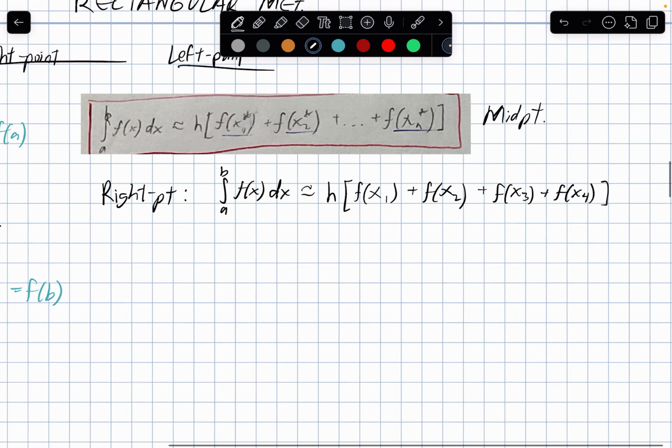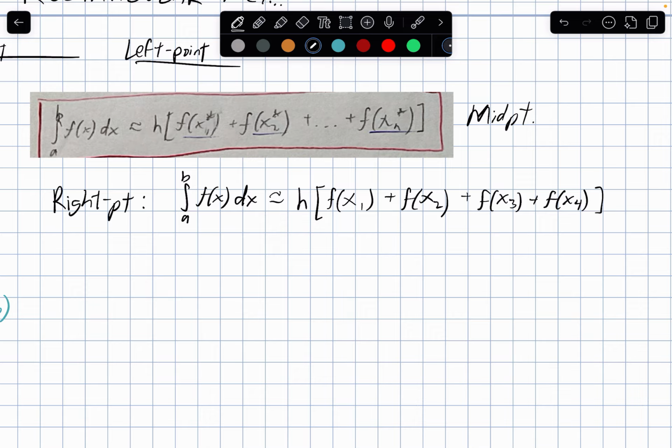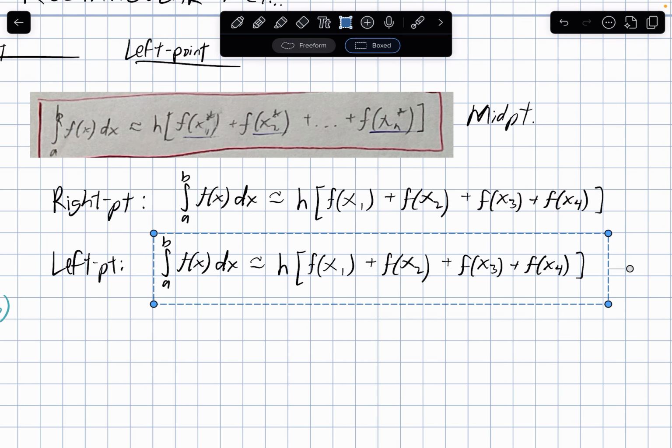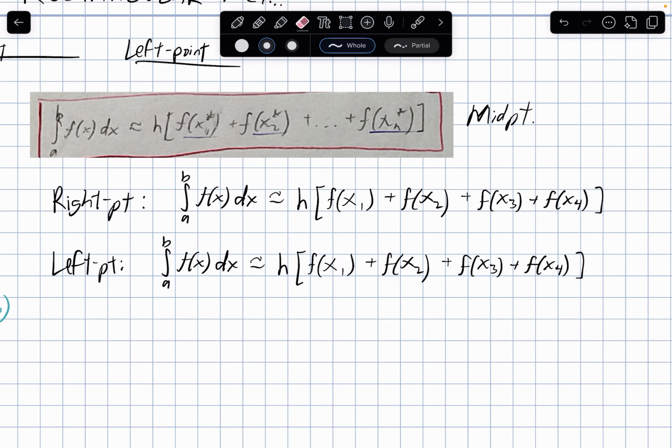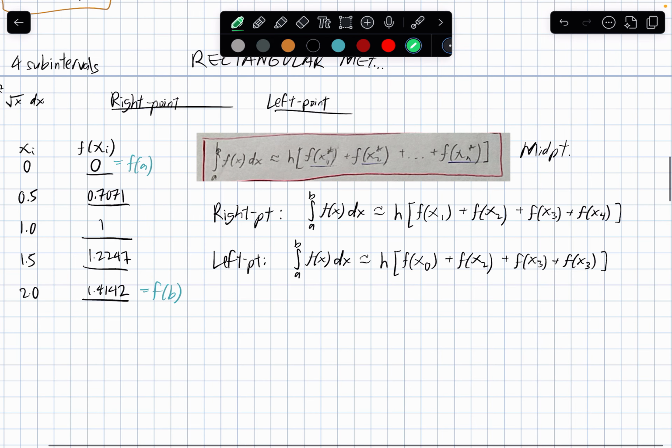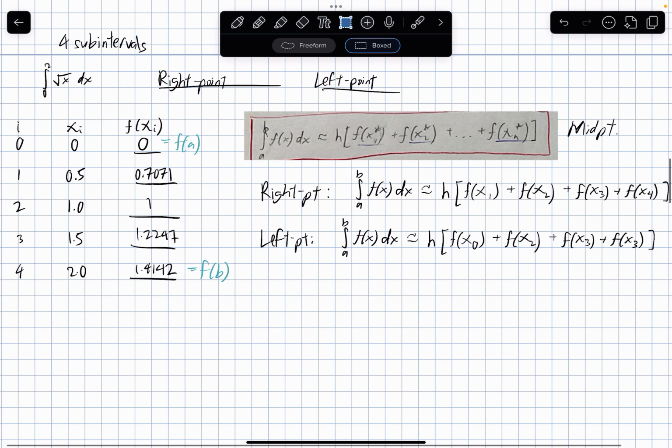That is for the right point rectangular method. For left point, how is this going to change? We start with 0 and then we end at 3. I hope you see the difference. So for right point, we started with 1 and then ended with 4. Sa left point, we started with 0 always and then ended with x sub 3.